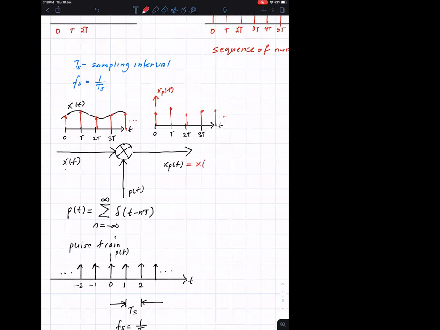It is the input signal x(t) multiplied by p(t).